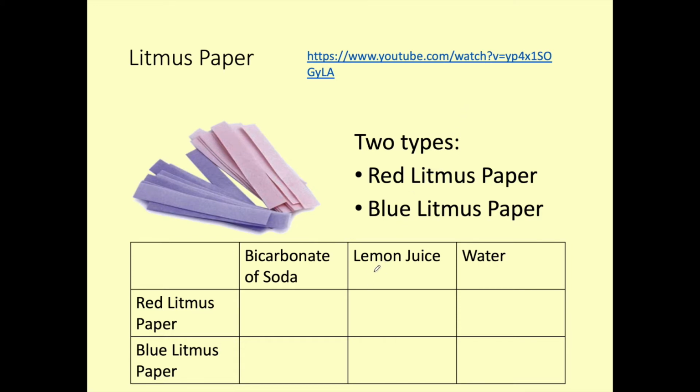Okay, so as we were watching the video, hopefully we saw that with our bicarbonate of soda, which he was referring to as something called a base, and we'll talk about the relationship between bases and alkalis in a later lesson, but for the purposes of this, it is an alkali solution.